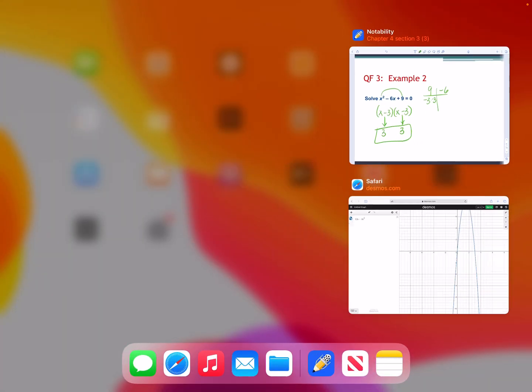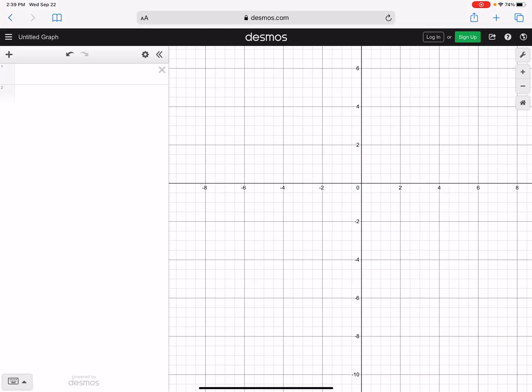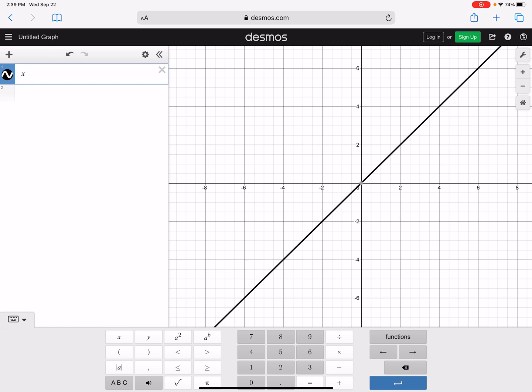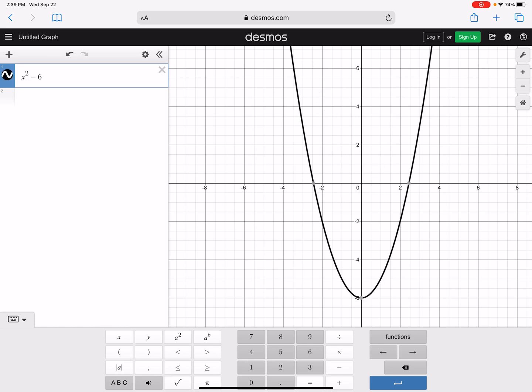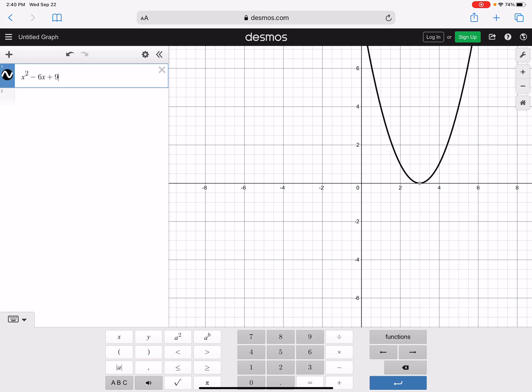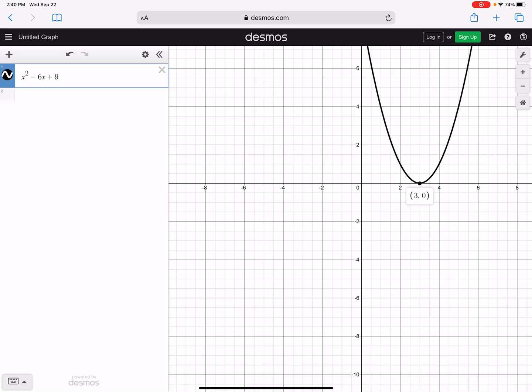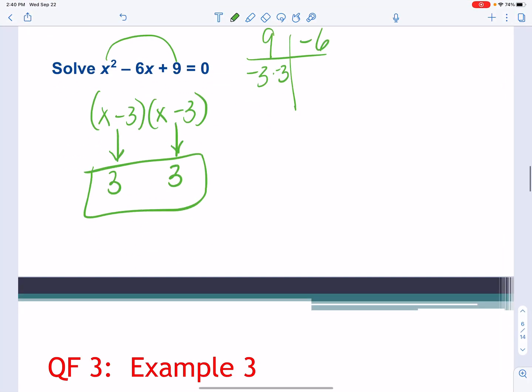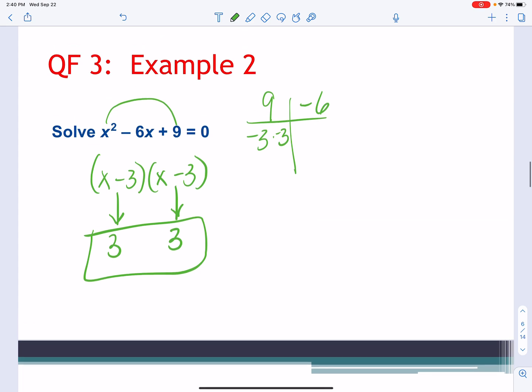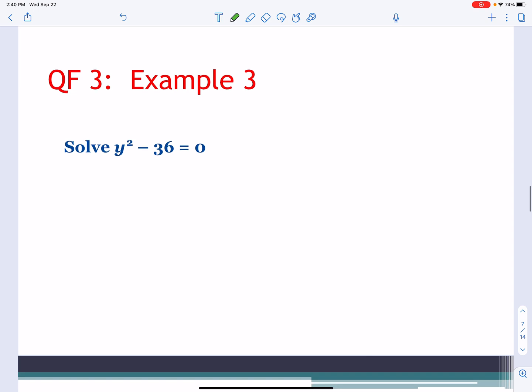So I can again take the original problem and type it in my calculator, x squared minus 6x plus 9. Does it hit at 3? Yes. Is it the only place it hits? Yes. So I must have done it right. Okay. So again, please, please, please do not use your calculator to do the problem, but you can use it to check.